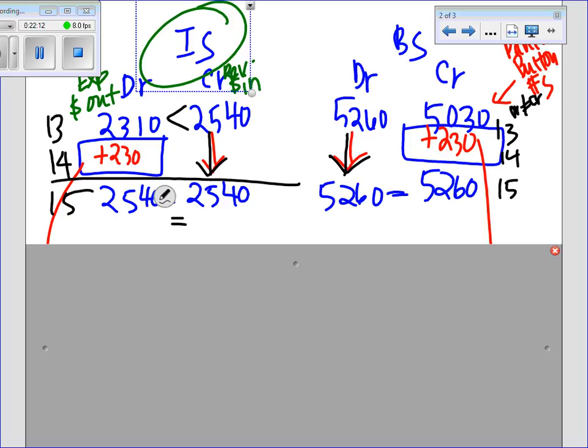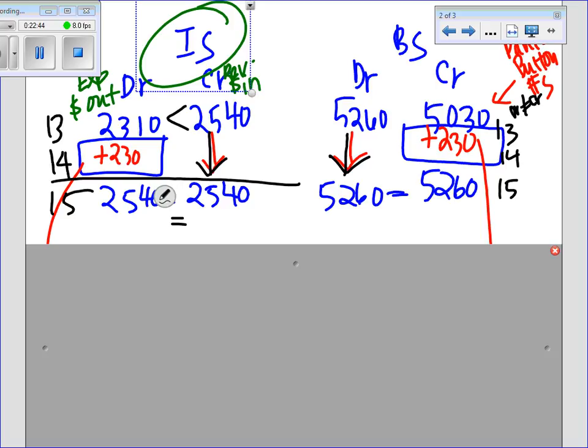Now here's where accounting gets kind of cool. I have a debit of 230. Over here, I have to credit it for 230. But when I say accounting gets kind of cool, if you take 5,260, or the larger number in this case, minus the smaller one of 5,030, it happens to be 230.